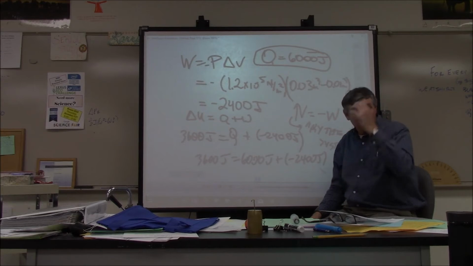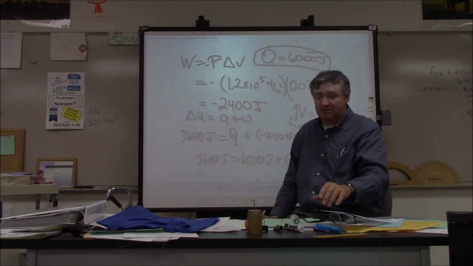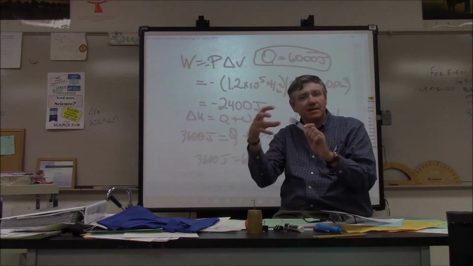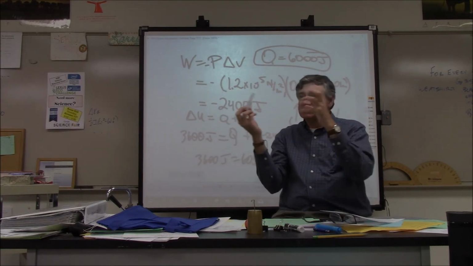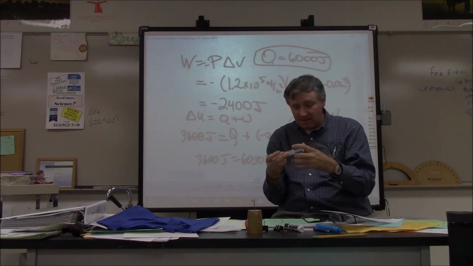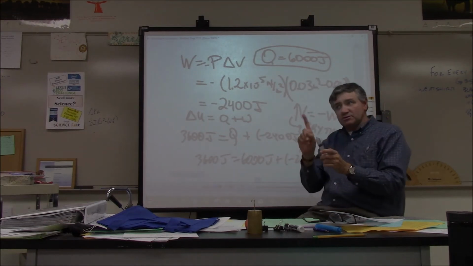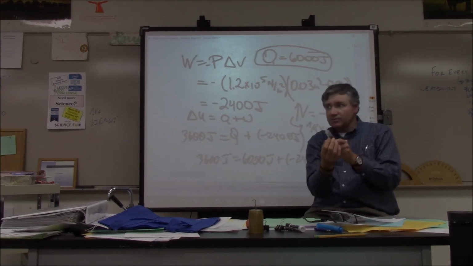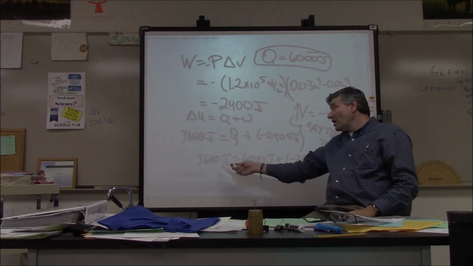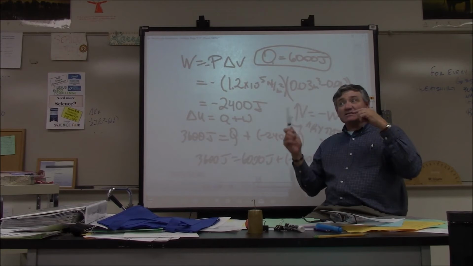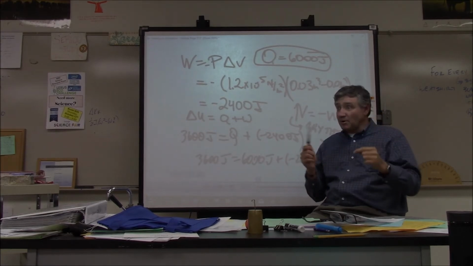So visually what's happening with this syringe, I'm dumping in 6,000 joules of energy because Q is positive. 6,000 joules of energy is going in. 2,400 joules of that is going to make the syringe and the volume get bigger. What's left over is 3,600, and that's what's increasing the temperature of the particles.